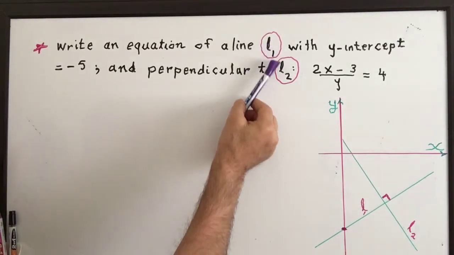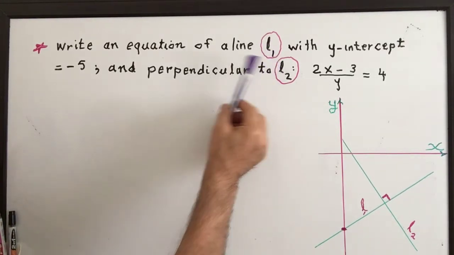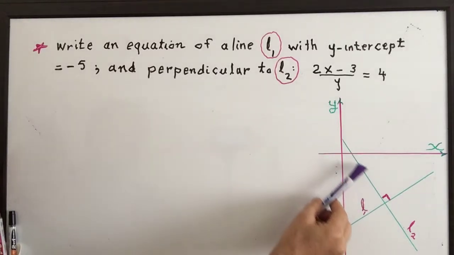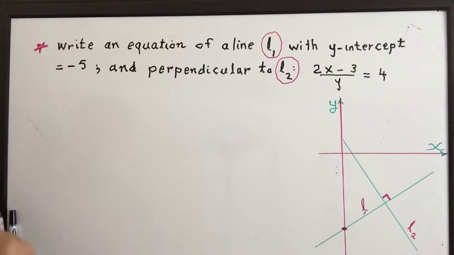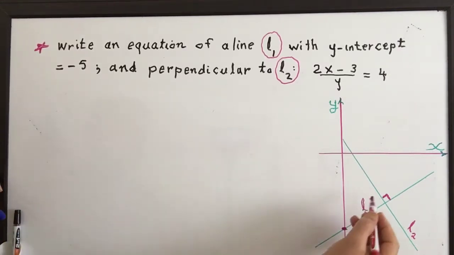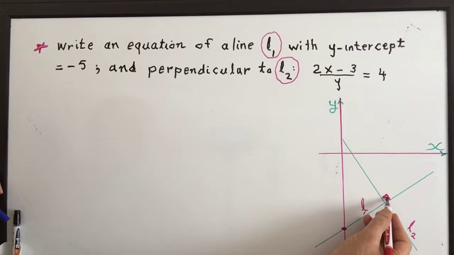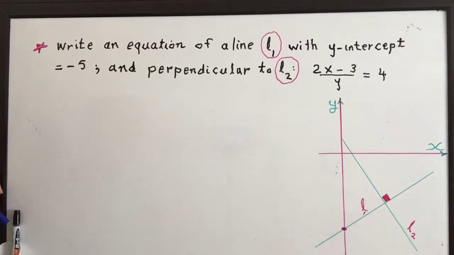The relation between L1 and L2 is that they are perpendicular to each other. That means there's a right angle, 90 degrees, between them.